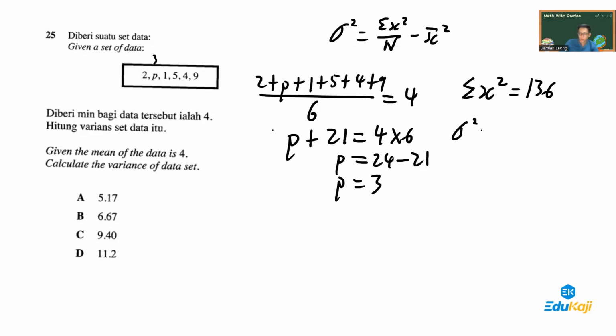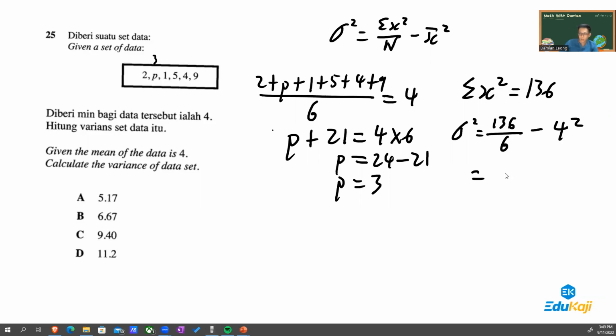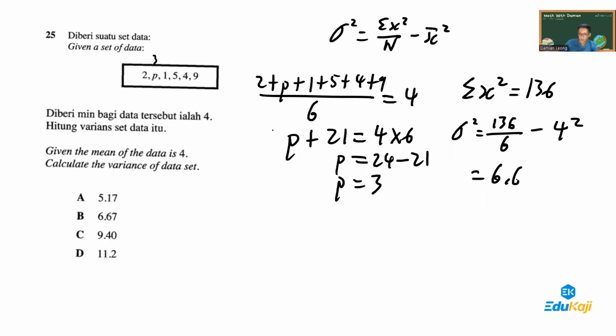So variance is 136 divided by 6 minus 4 squared, which is 6.666, 6.67. Answer B.